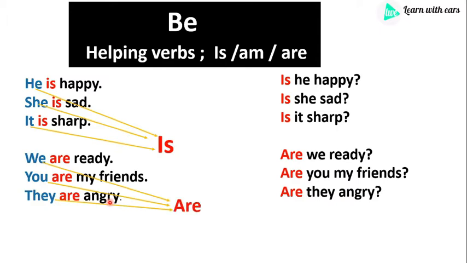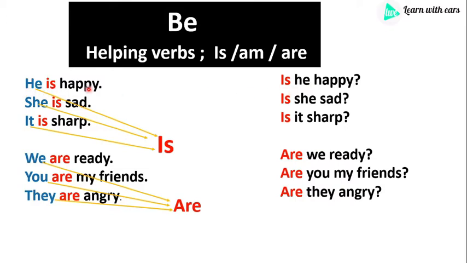Now let's see how to change these simple sentences into questions. What we need to do is just change the place. The helping verb will come first and then the subject. He will come on second place and is will come on first place.